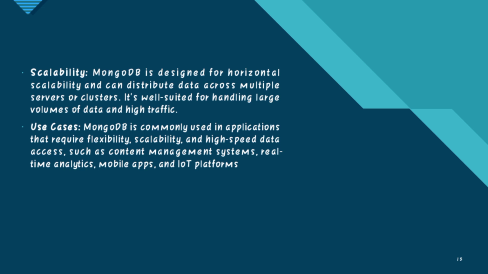It is well suited for handling large volumes of data and high traffic. Use cases. MongoDB is commonly used in applications that require flexibility, scalability, and high-speed data access, such as content management systems, real-time analytics, mobile apps, and IoT platforms.